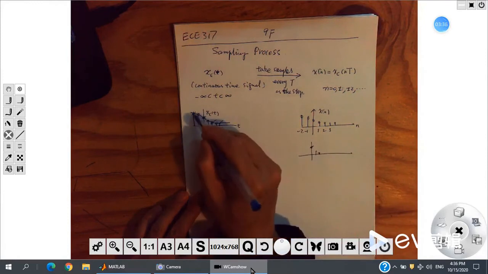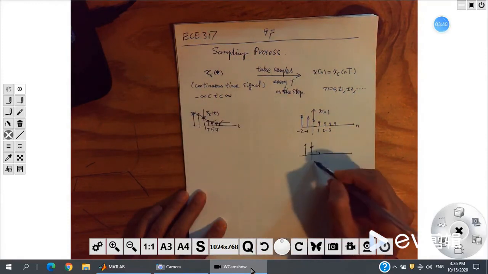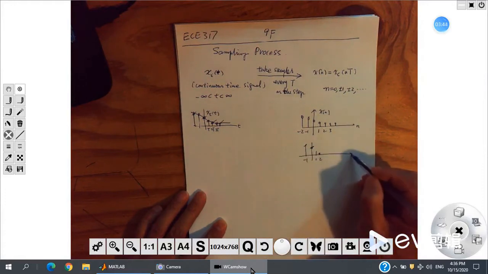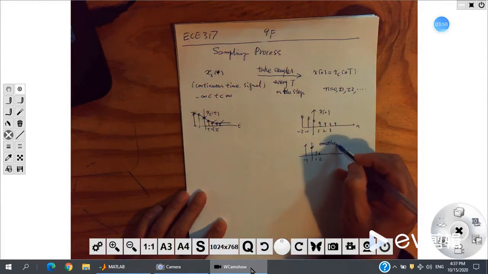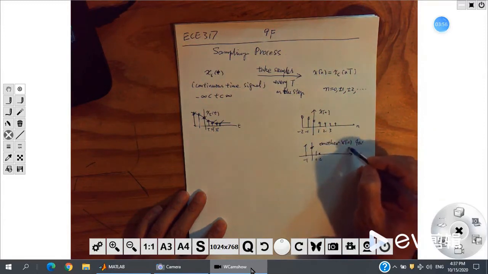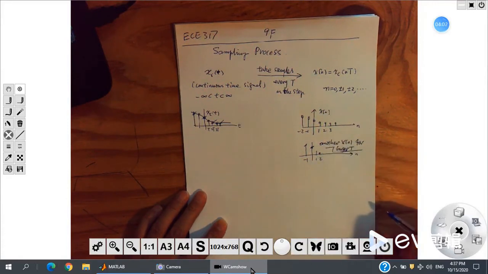And this one will be this one, right? This is 1, 2, negative 1, and another sampled signal for larger T, right? Things like that.